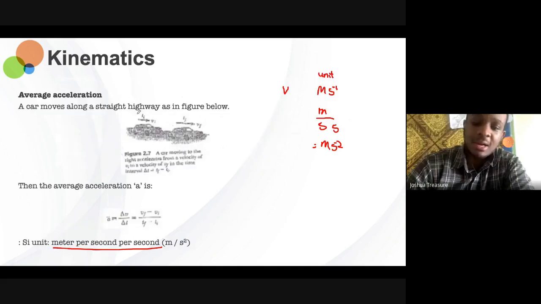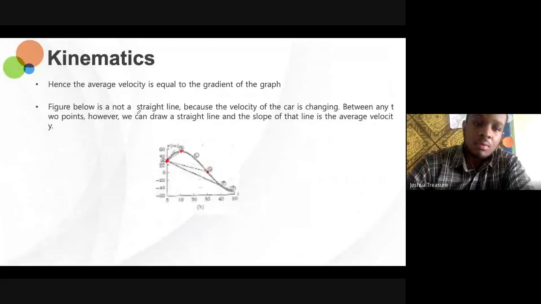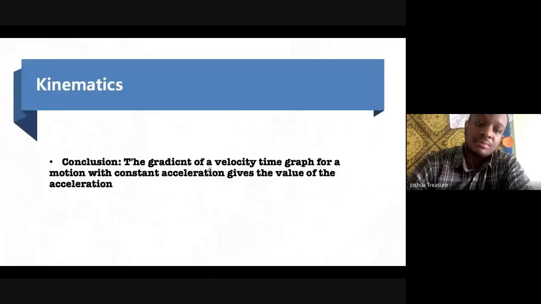Remember when we had this here, and we said that the average velocity would be the slope of the graph from this point to this point. If you wanted to find the average velocity from A to C, you would draw a line from the beginning to C to get the average velocity. It's the same concept for acceleration.